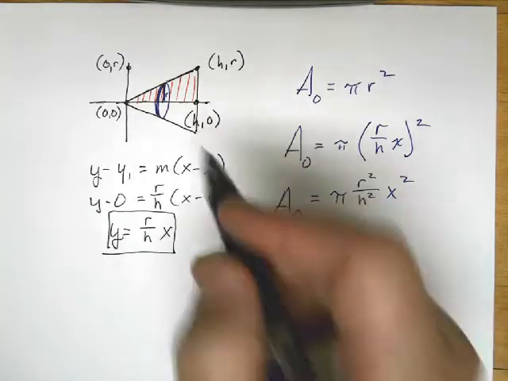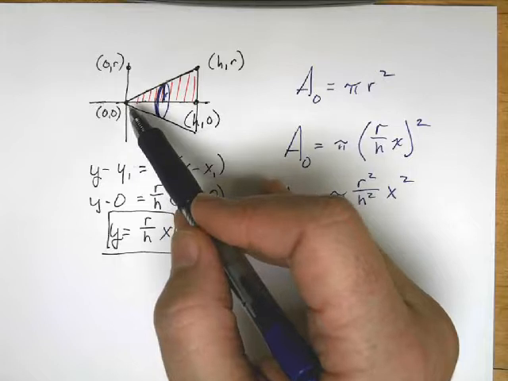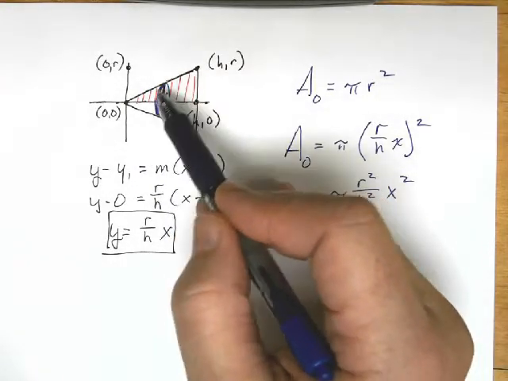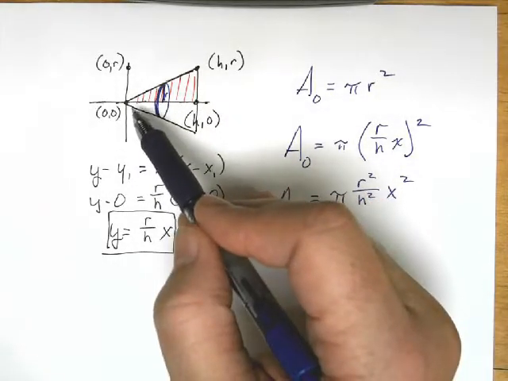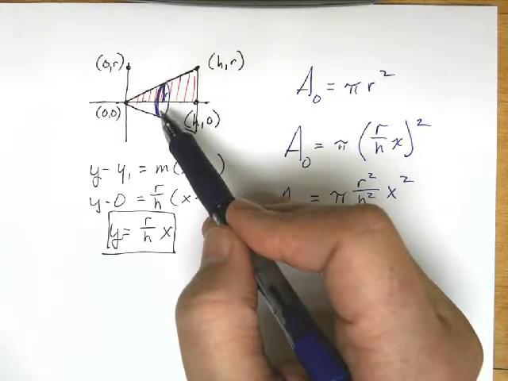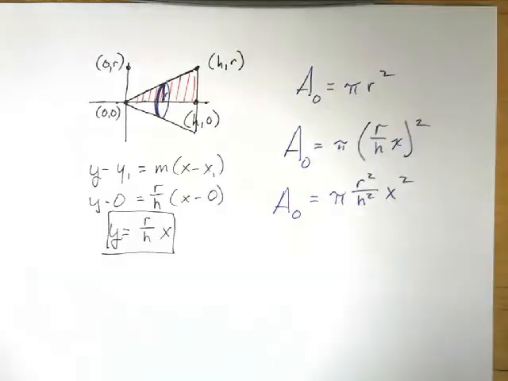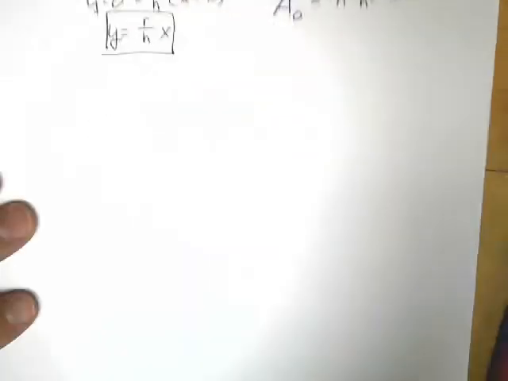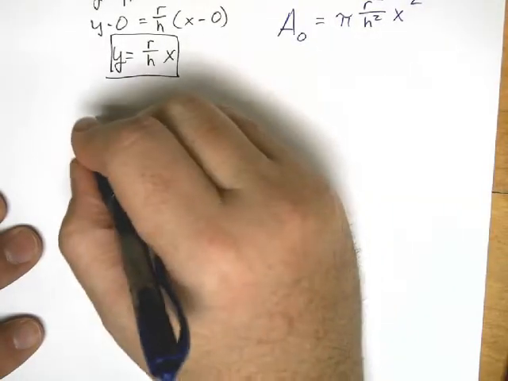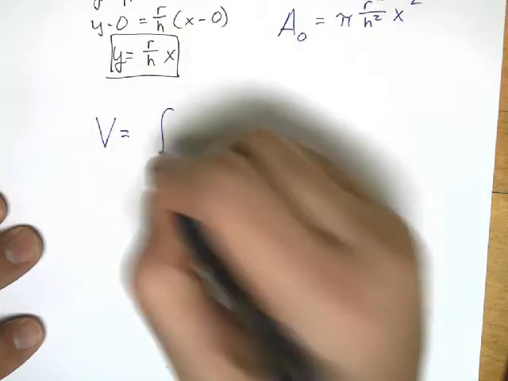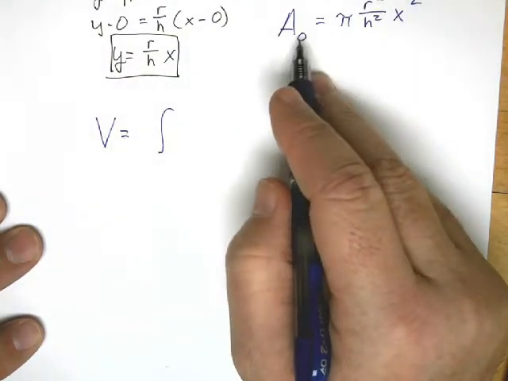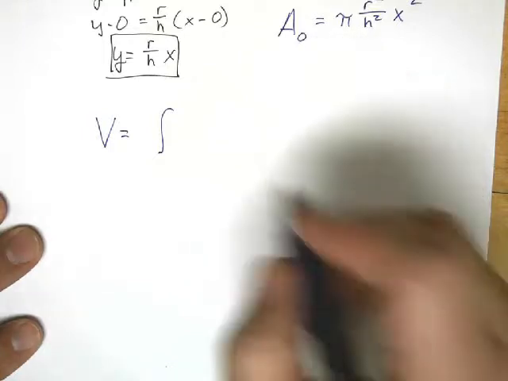Okay, we know that the volume of this particular object is going to be the sum of each of those discs, and to do that we're going to have to use an integral, and we've already discussed this as well. Okay, so the volume in this case, like I just said, is the sum of all of these areas.